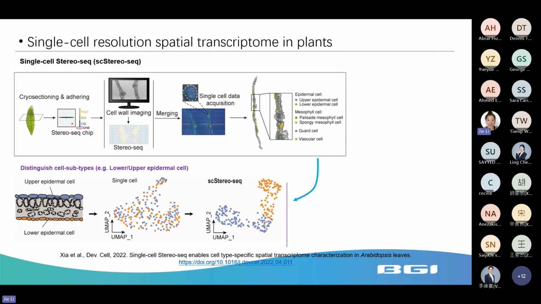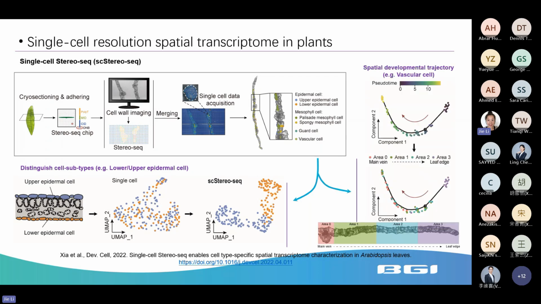Here also the first paper of Stereo-seq was published in 2022 in Developmental Cell. In this study, the sample was from 6-week-old Arabidopsis leaves, and the researchers selected 26 Arabidopsis leaves from 4 different chips for integration and the construction of a foundational data set.